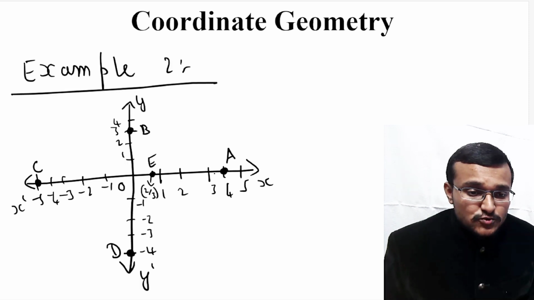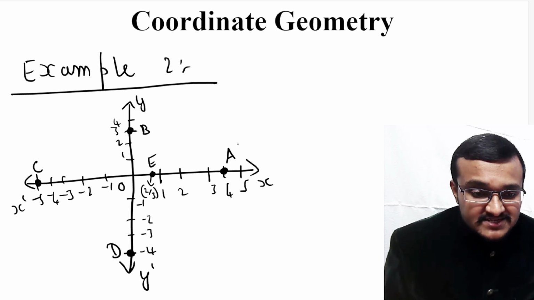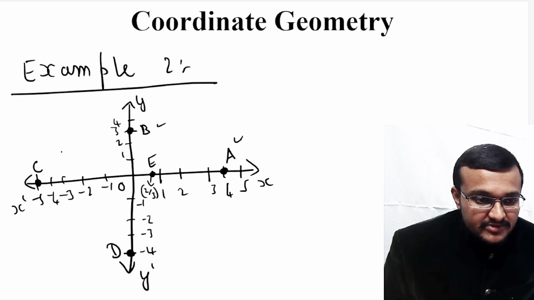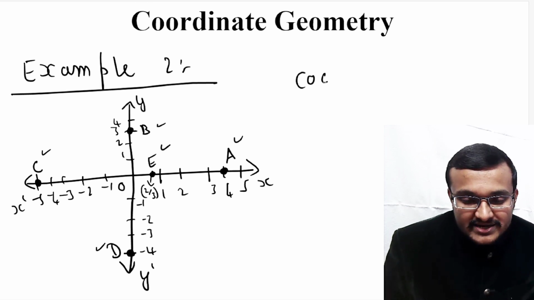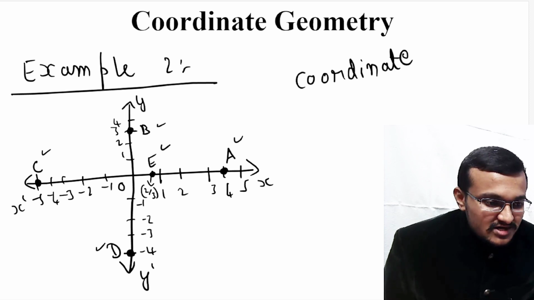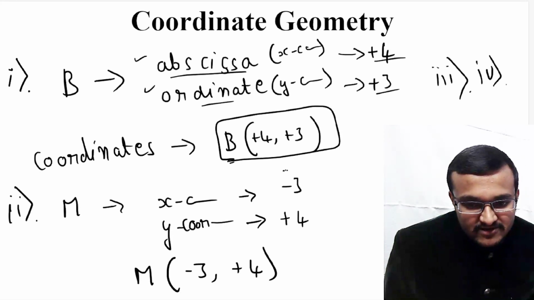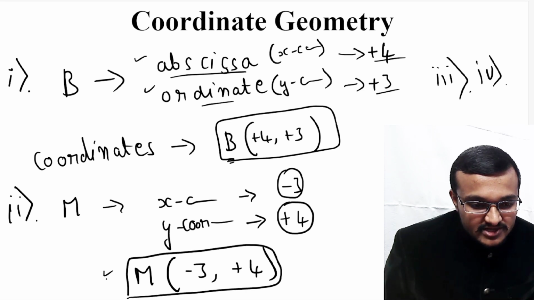Now coming to example 2, here they have given this coordinate axis, that is the x and y axis. Here they have given points A, B, C, D and E, and you have to find out the coordinates of these points. In the previous example we have solved this. We found the x coordinate and y coordinate, and finally we wrote the coordinate of that particular point.